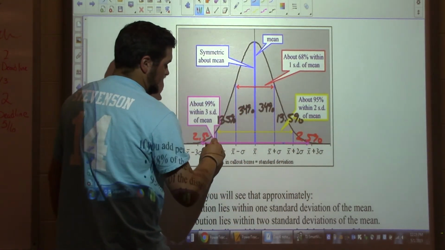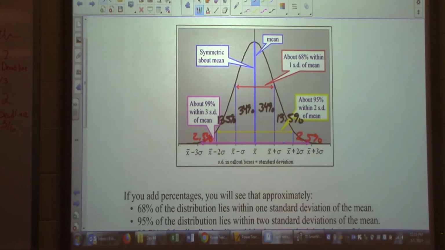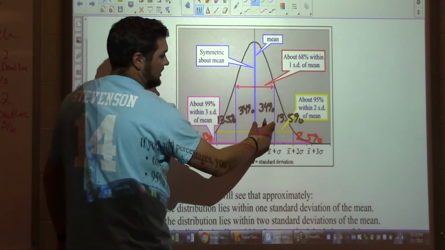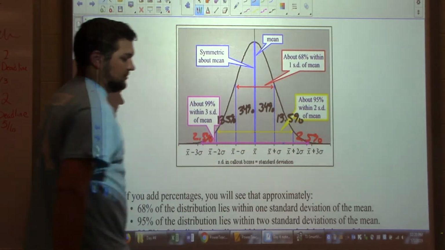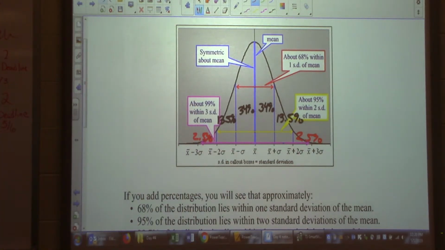Guys, the great thing here, when we're dealing with normal distribution, is if you can remember one side of it, you can remember the whole thing. It's even on both sides, right? So 34% within one standard deviation, 47.5 or 13.5% is next, then 2.5. They're approximations, right? They're not perfect. But a lot of things fall into this category.